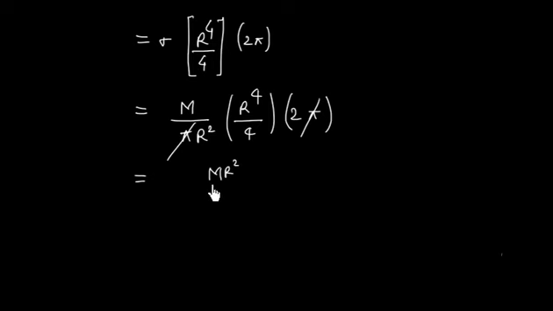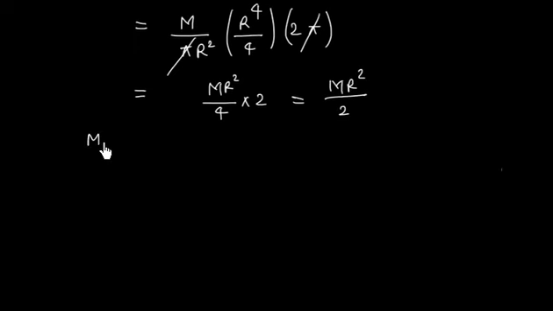So we will have mR square by 4 into 2, that is mR square by 2. So the moment of inertia of the disk is equal to mR square by 2.